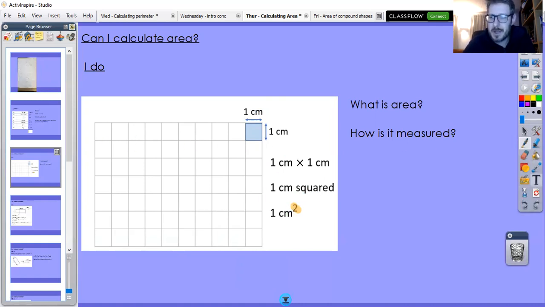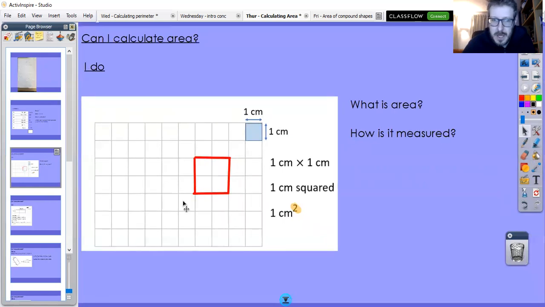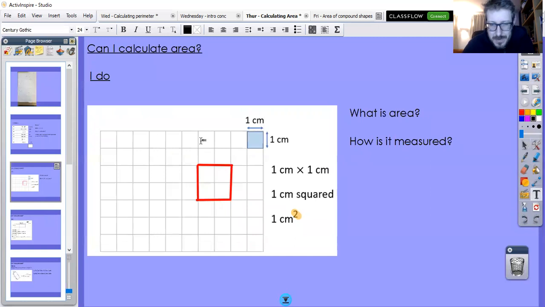So if we had another shape that we did on this grid, so we've got one there, there, there and there. With this shape, it's covering 4 squares, which means, if each of these squares is 1 centimetre along and down and all the way around, the area would be 4 centimetres squared because it is taking up 4 squares.